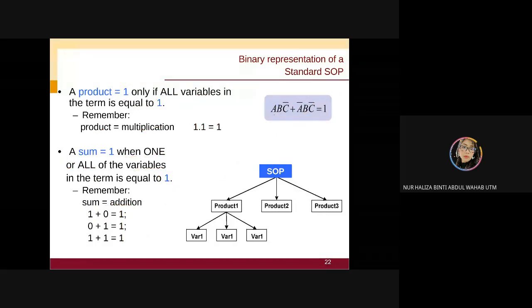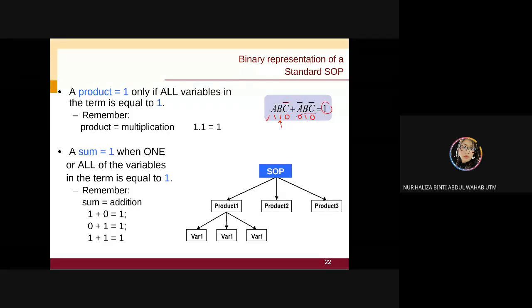If this is met, your output will be 1 because of this. For example here you have A1, B1, C0, and this one is what? A0, B1, C0, isn't it? So I already mentioned if there is a bar, it is going to be 0. So if this is true, then you get 1 for your output.